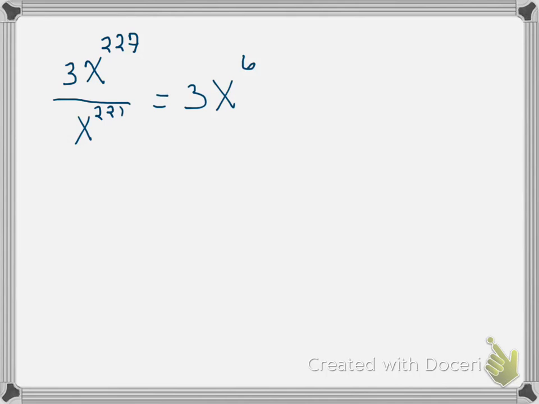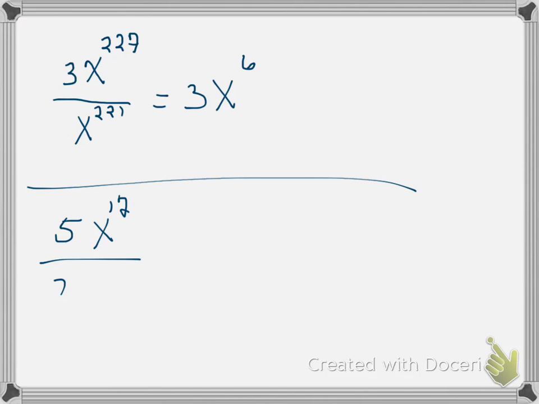Because when we have the same bases, we subtract the exponents when we divide. So 227 minus 221 is 6. Right? If we want to look at another one, let's say we had 5x to the 17th over 2x cubed. That's 5x to the 14th over 2. We just subtract the exponents.